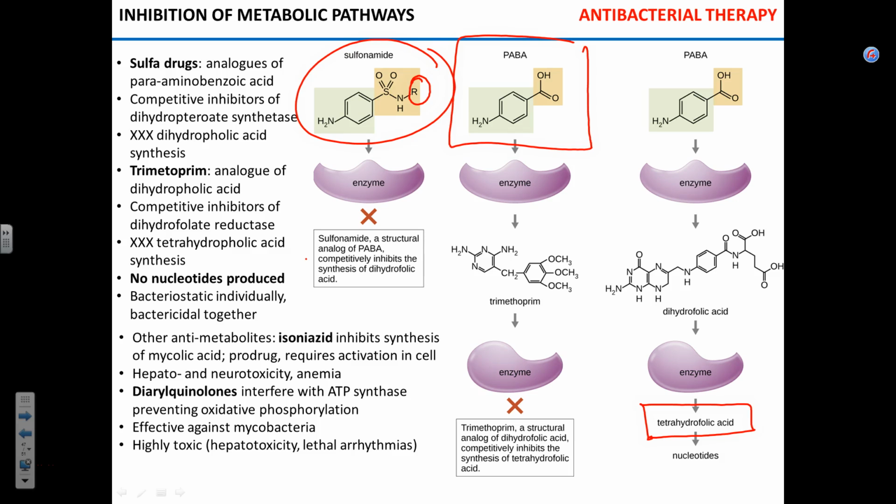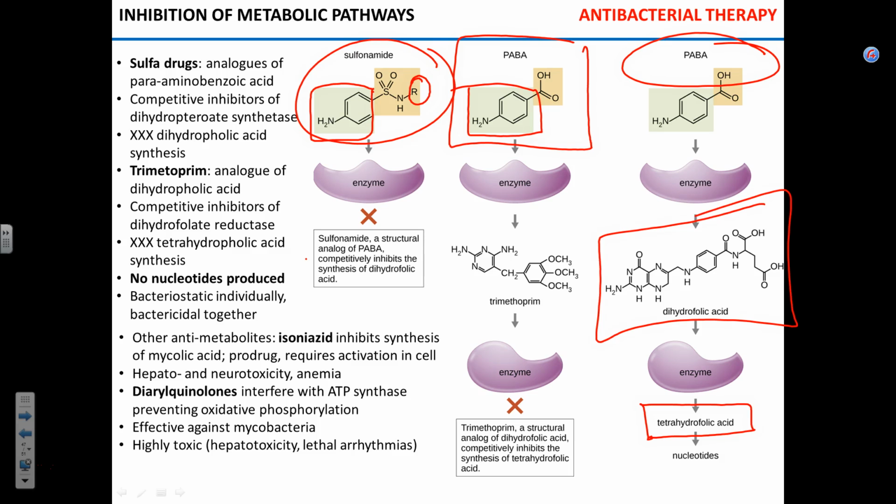So you can appreciate that this pathway is critically important, right? Now, if you look at the structure, this fragment is the same, this fragment is the same. So sulfonamide binds to the active site of the enzyme that converts para-aminobenzoic acid into dihydrofolic acid.